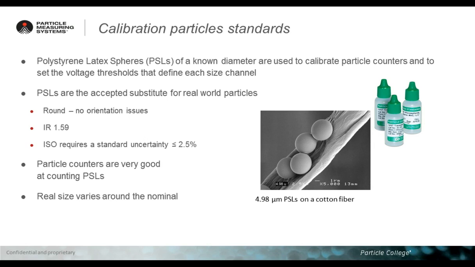This is an image taken under a microscope that shows you how the particles we use to calibrate your instrument look. So the ISO allows the use of this kind of standard, and they are accepted as a substitute for real particles. They are round, they don't have any orientation issue, and of course they must stay within a specific tolerance range dictated by ISO 21501.